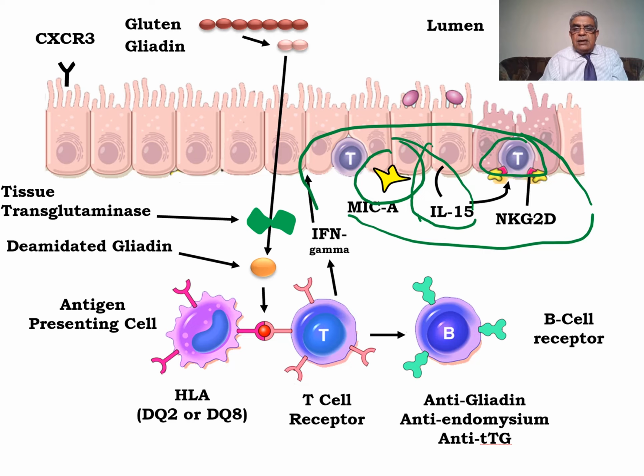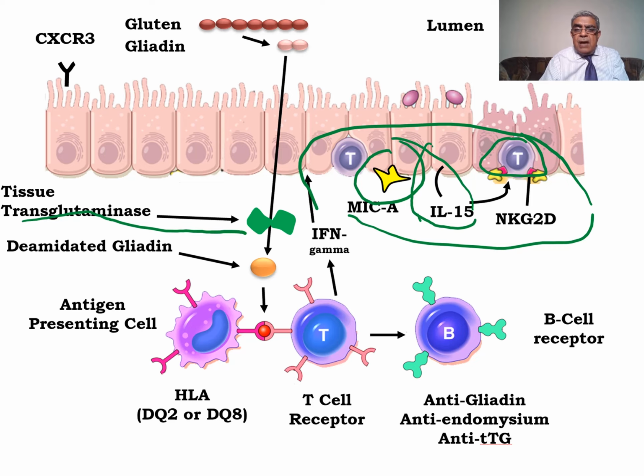Now, as these gliadin peptides are entering the lamina propria, tissue transglutaminase acts on them, resulting in the formation of deamidated gliadin. So tissue transglutaminase acts on the gliadin peptides, resulting in the formation of deamidated gliadin.